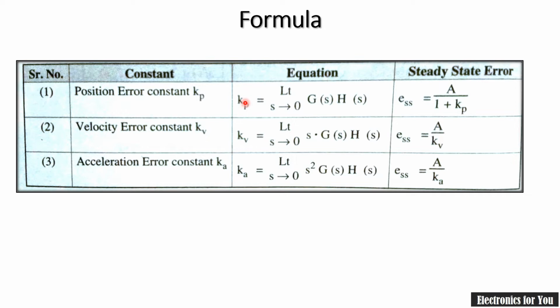The formula for Kp is limit s tends to 0 of G(s) into H(s). Kv is limit s tends to 0 of s into G(s) into H(s). S is added over here, and for Ka, the acceleration error constant, it is s square, and for the respective steady state error we will use this formula.